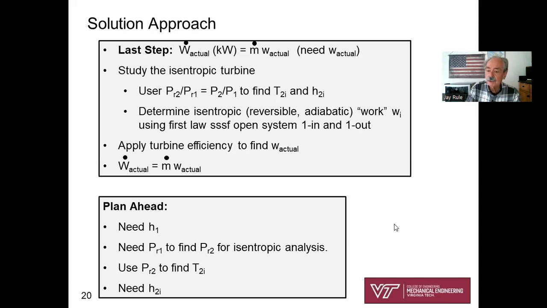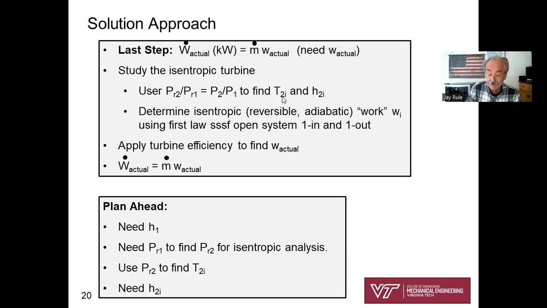Okay, our approach is going to be nearly exactly like the steam turbine analysis, but we've got different property evaluations. We're going to be determining little w actual and then multiply that by the mass flow rate to get the power. We're going to study the isentropic turbine, and we're going to use a special isentropic ideal gas relationship to find T2 isentropic.